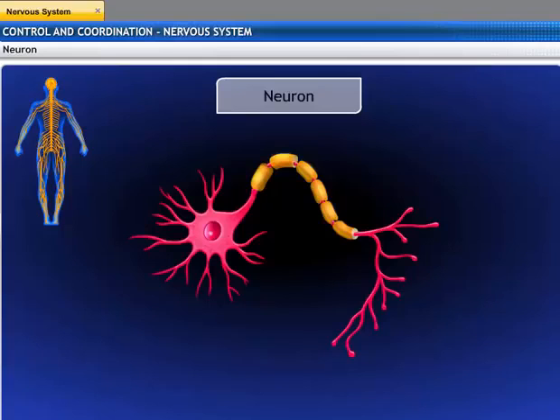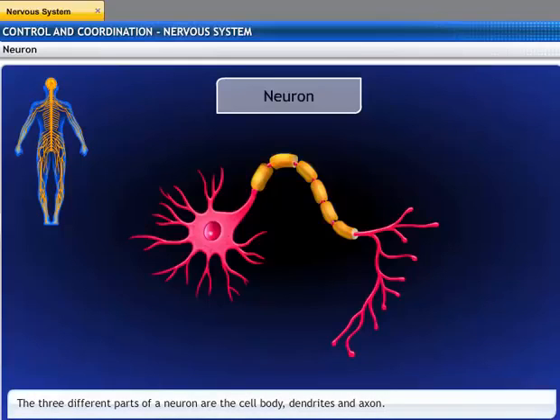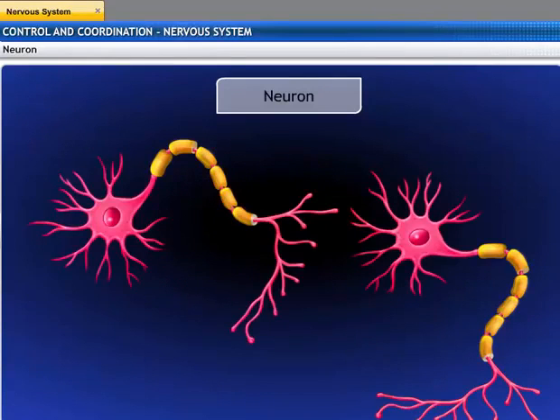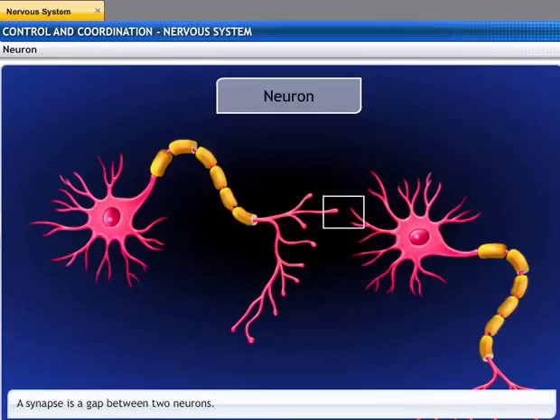Each neuron consists of 3 parts, namely the cell body or cyton, branched projections called dendrites, and the long process from the cell body called axon. The axon terminals of each neuron are placed near the dendrites of another neuron. This gap between the 2 neurons is called a synapse.